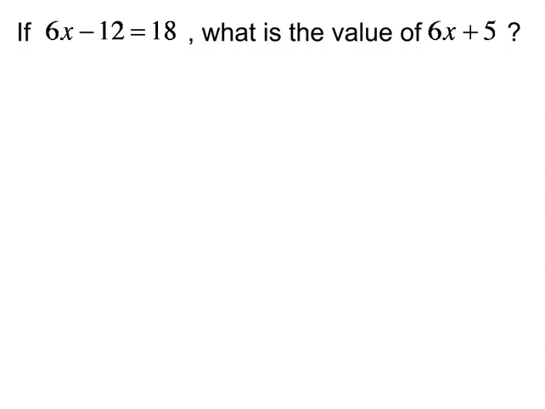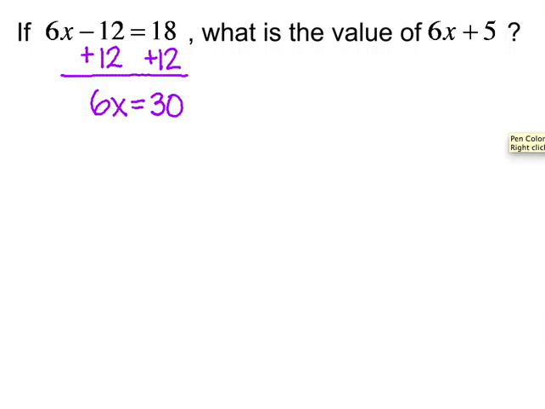So to solve 6x minus 12 equals 18, I'm going to add 12 to both sides. And I get 6x to equal 30. What do you do now? Divide by 6. So x equals 5.